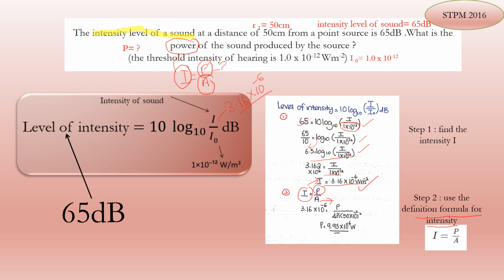Area is what? Because it says it is a point source, the area will be 4 pi r square. So I put r, which is R1 here, and then I solve it, then I got my power in watt.